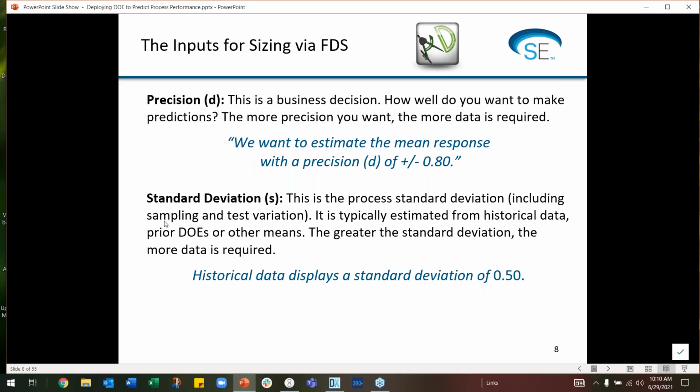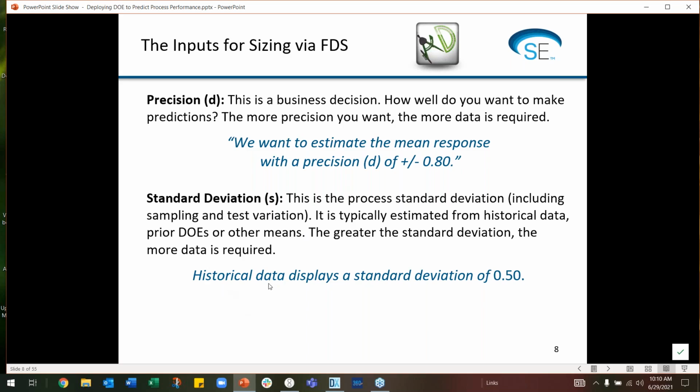It includes both sampling and test variation. It's typically estimated with historical data or from prior DOEs or other means. The larger the standard deviation, the more data is going to be required to get good estimates.